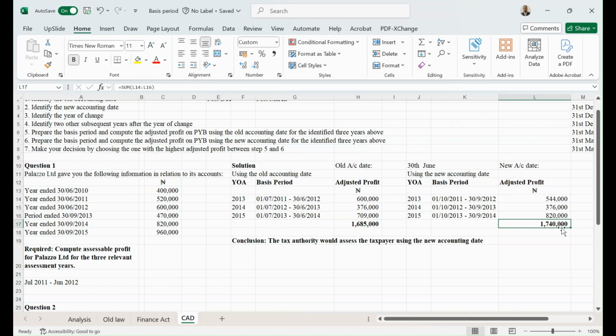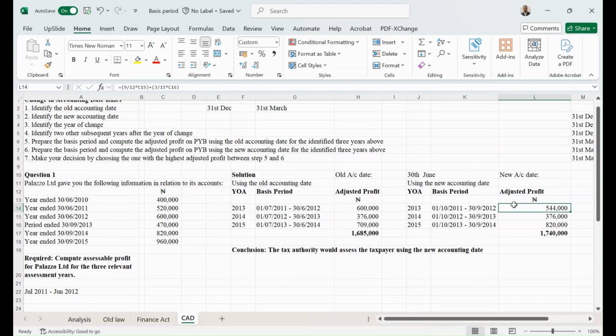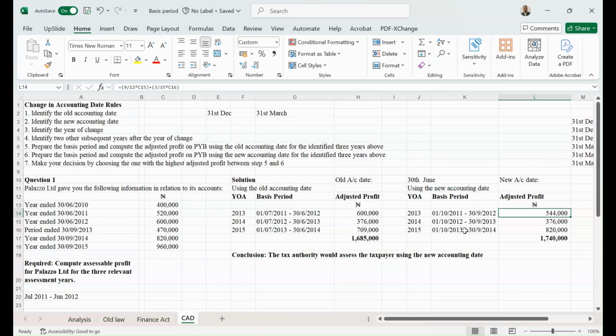You know, the higher the adjusted profit, the higher the taxes that will be paid. So the taxpayer will be assessed to tax using the new accounting date. So, ladies and gentlemen, that is how to account for change in accounting date.